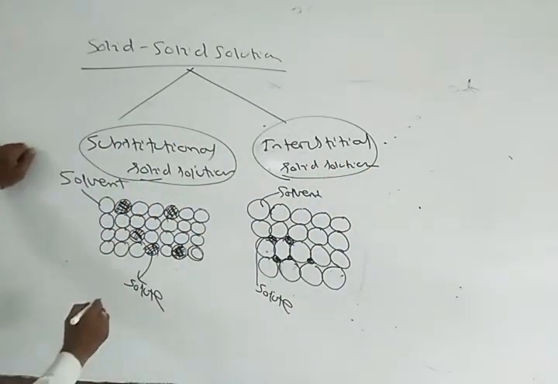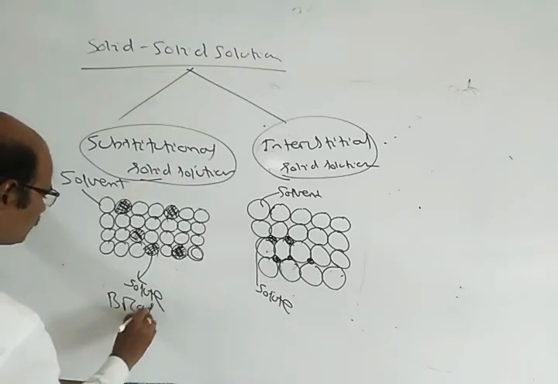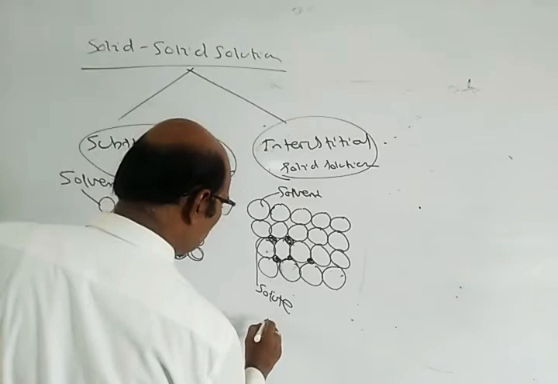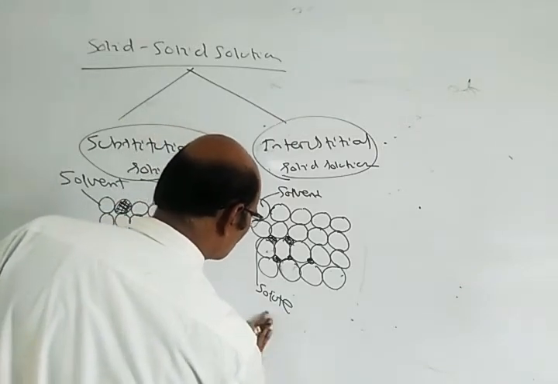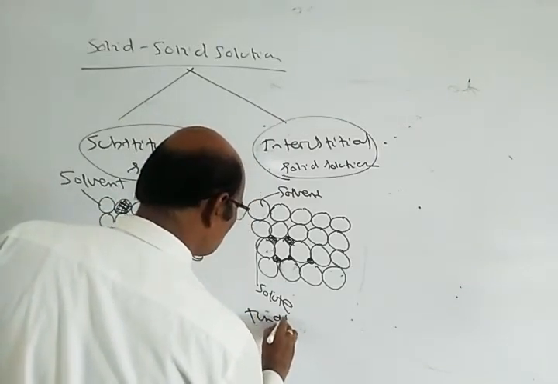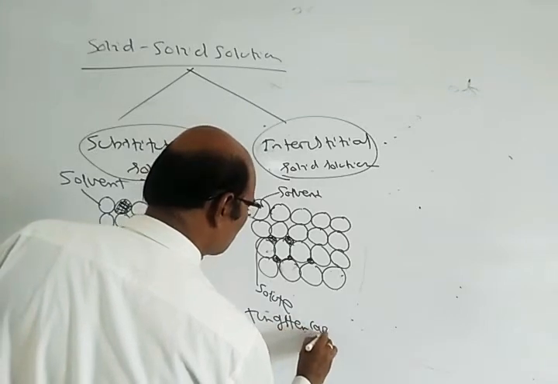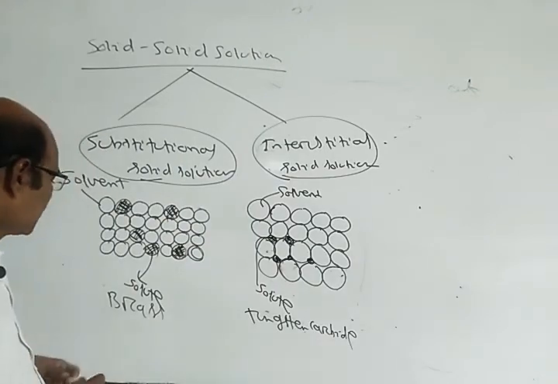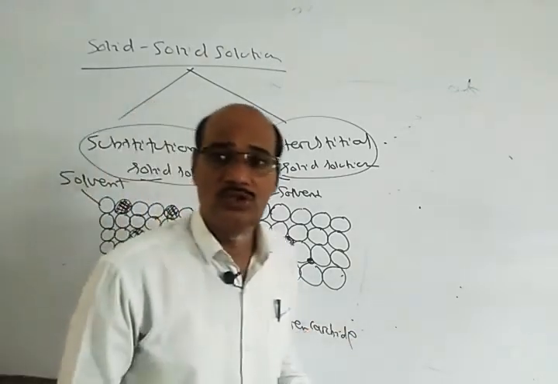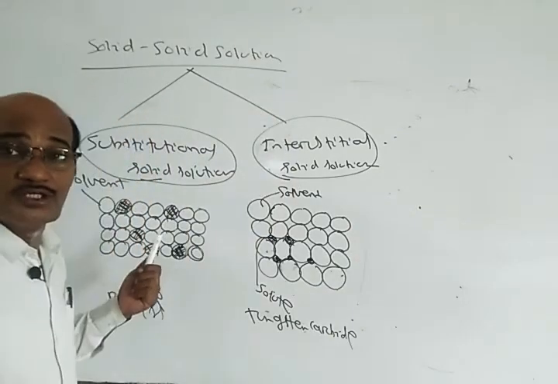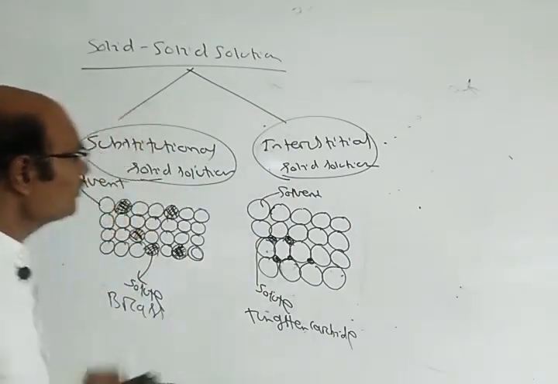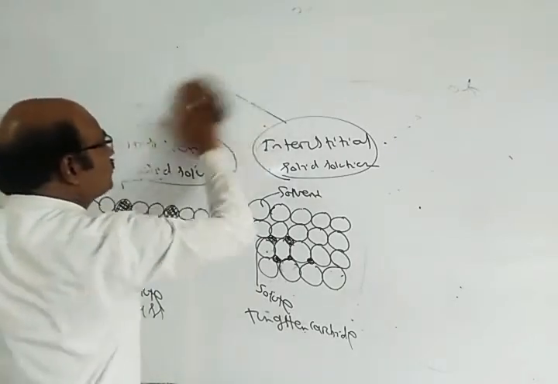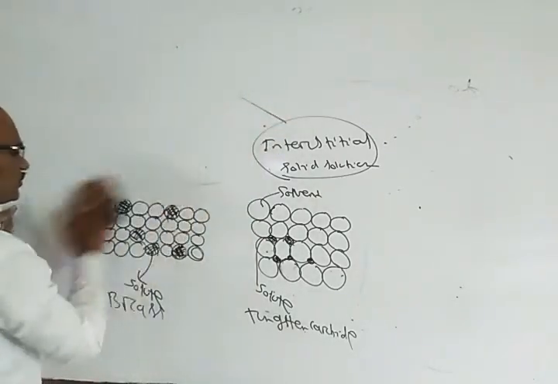I can take tungsten carbide as an example of an interstitial solid solution, and brass and bronze as examples of substitutional solid solutions. So this is about the different kinds of solid liquid solutions and solid solutions.